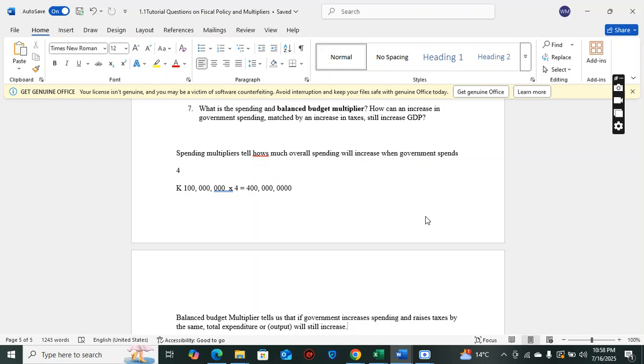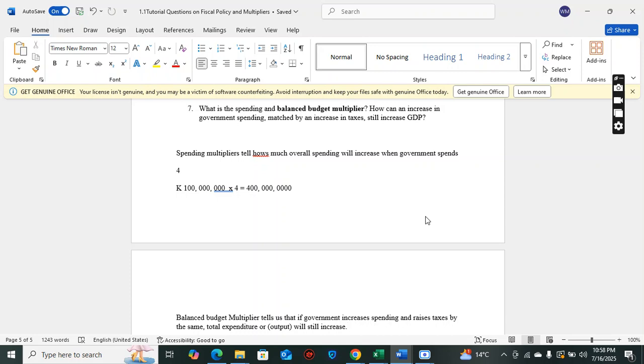So if government increases spending and taxes rise, even though the taxes rise, people are still going to need to spend. They will still be spending overall. Taxes won't make people stop spending. That's what it's trying to say in simple terms.